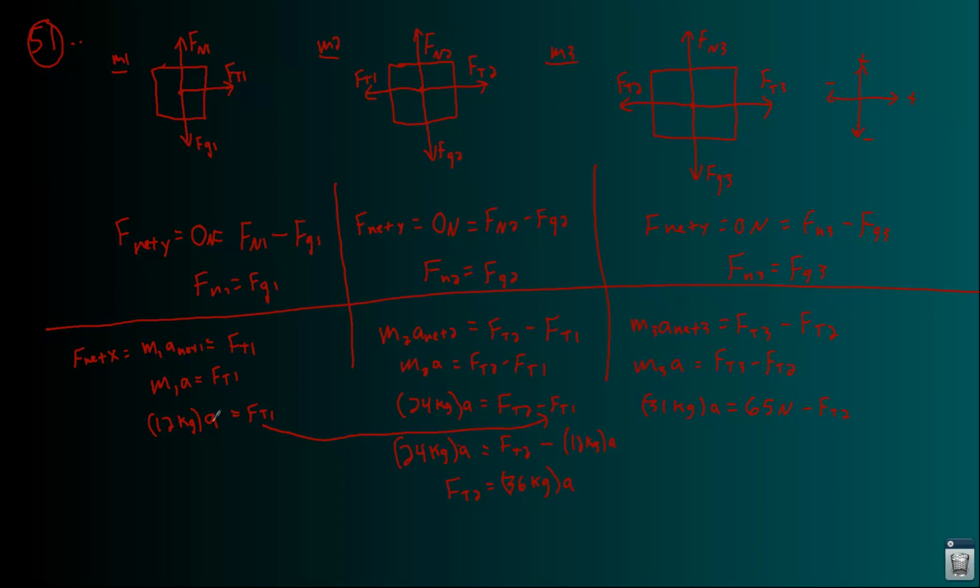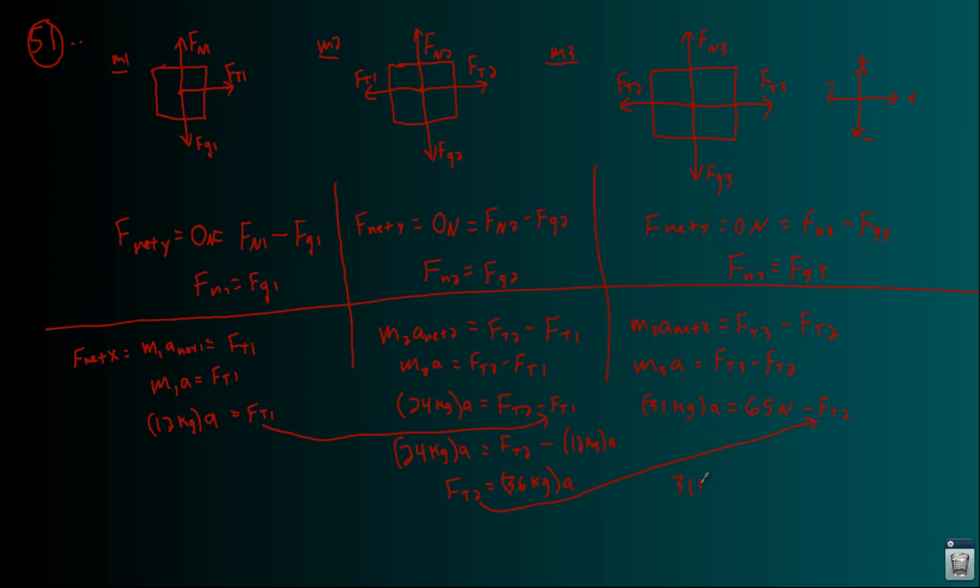Now instead of an equation with A and Ft1, we have an equation with A and Ft2. May not have gotten us anywhere, but in reality it did. Because what we can do is we can take this Ft2 and plug it over into here. And all we're left with is A's, which is a beautiful thing. So let's do that.